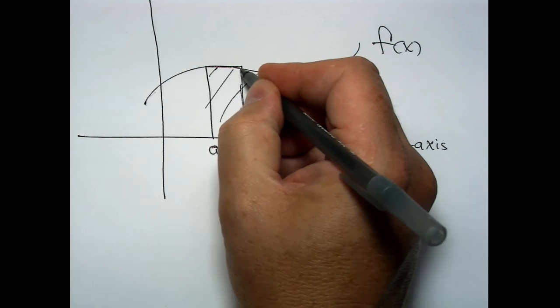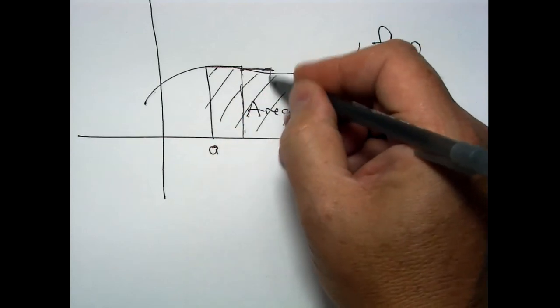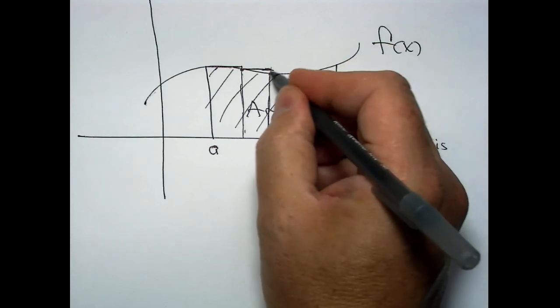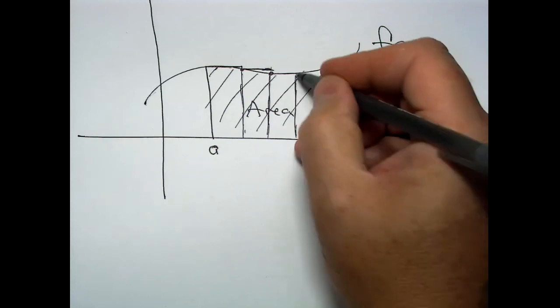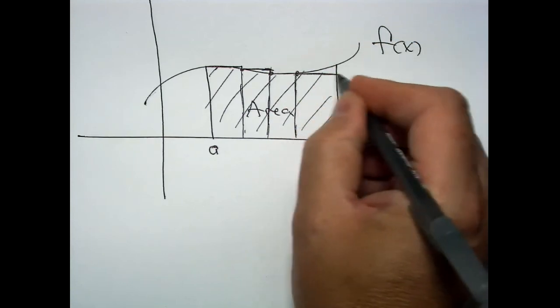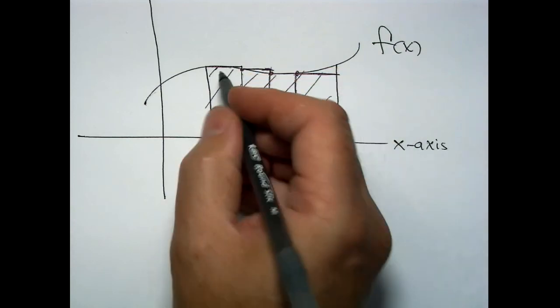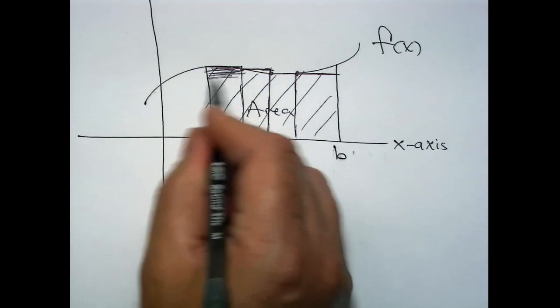Let's draw a couple of rectangles in here using points from the curve, but making them nice and flat. So instead of getting the true area under the curve, we're going to get the area of these rectangles.